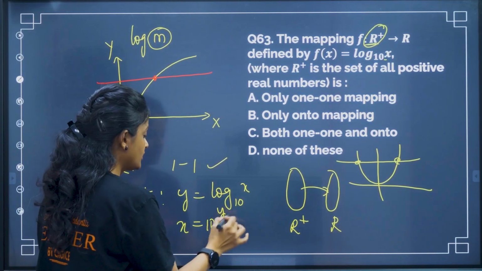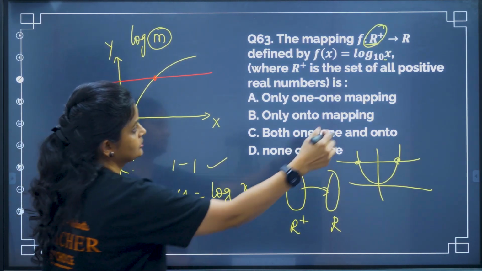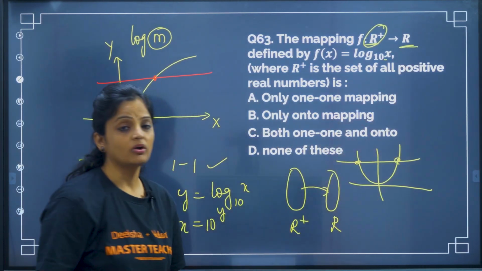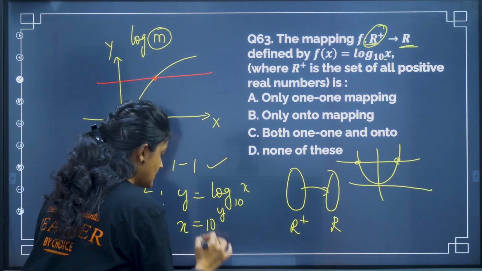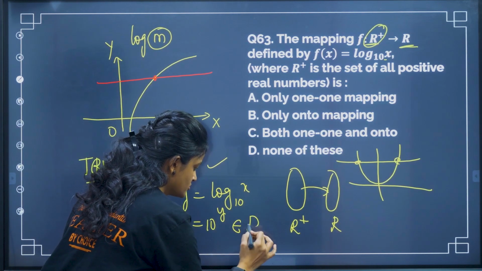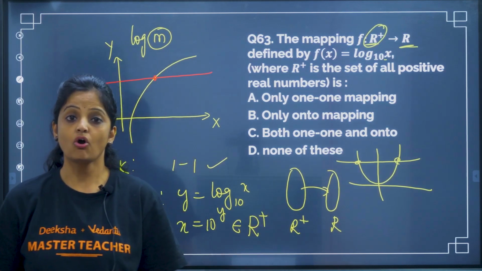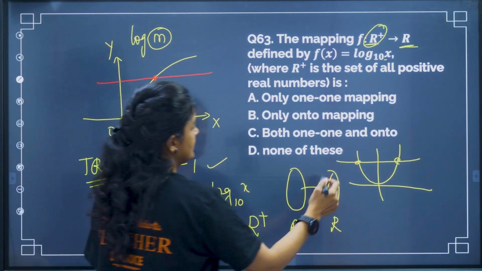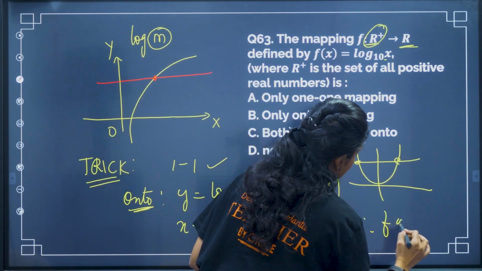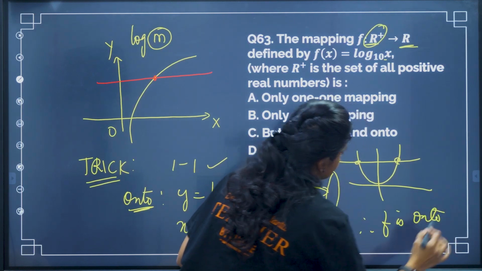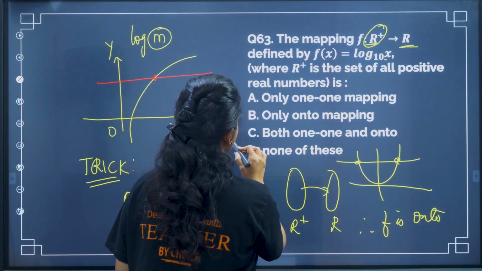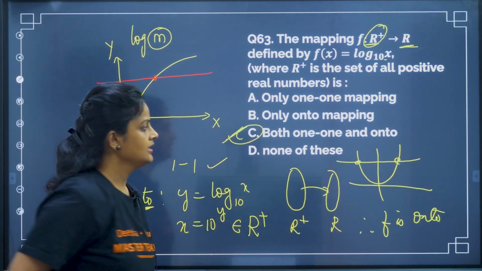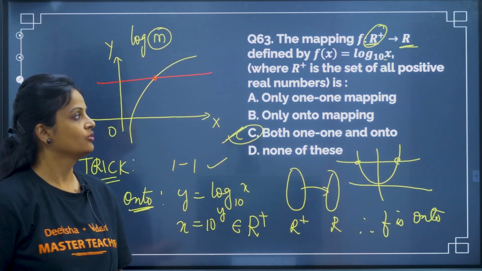Whatever y is, y can be real, right? So whatever y is, positive, negative, root, whatever, this number is always positive, isn't it? It's always positive. That's why this is onto. This belongs to R plus. Where is 1-1 and onto? Yes, here. Option C, both 1-1 and onto.